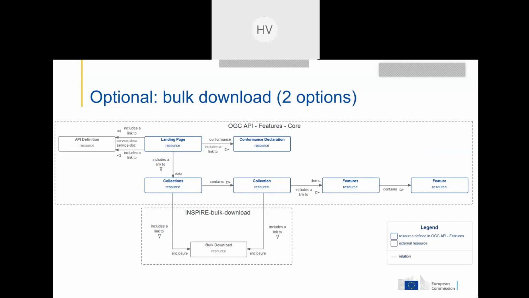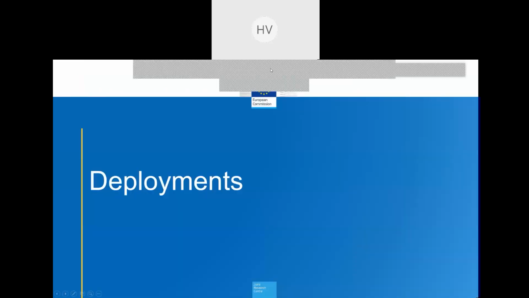Another option is that on each feature collection that the web API provides, you include a link to a bulk download of that feature collection. So if you had two feature collections, you would link to two different files containing the features in that collection. And that was it from my side on the requirements classes.